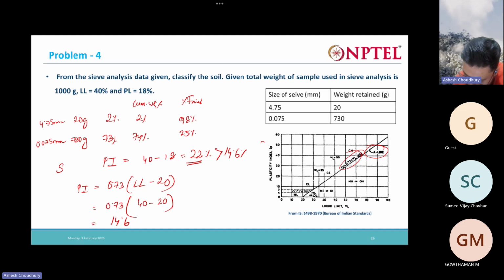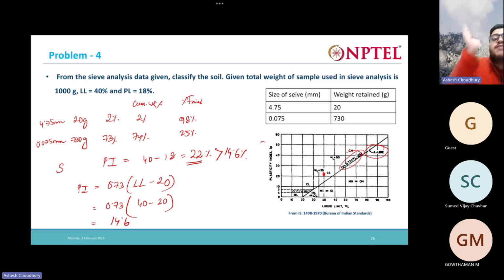Liquid limit is 40 and it's around 22, so somewhere here it will plot. So definitely the soil is what? It's greater than 14.6, that means it's above the A line.